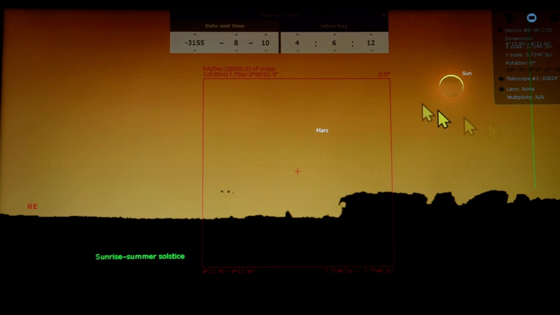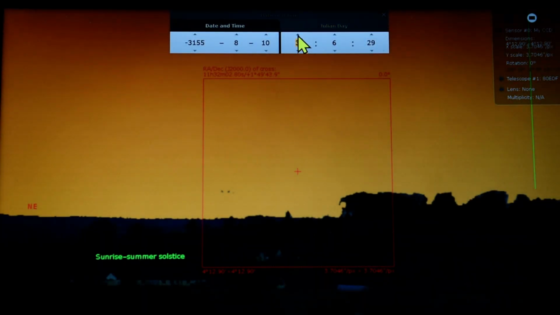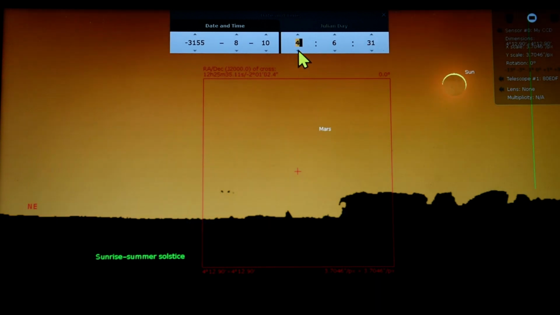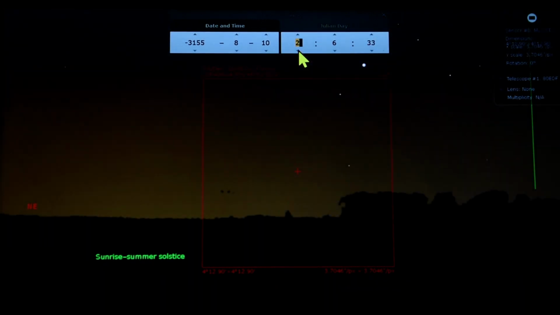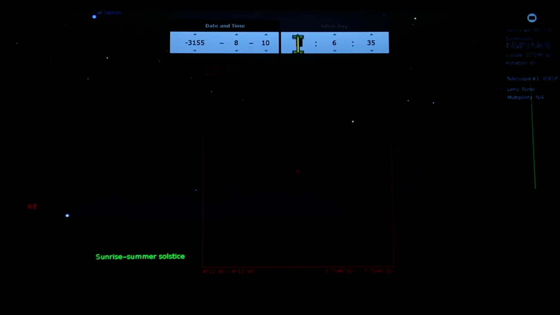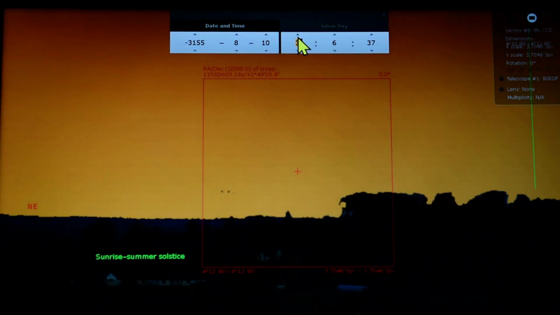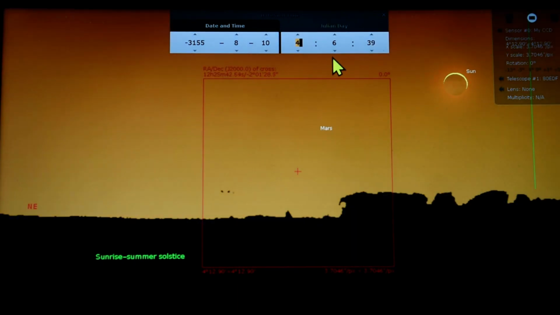We clearly see sunrise, summer solstice right around here, a bit north of northeast. So somewhere around here is where the summer solstice sunrise is. Whoops, what happened? Sorry about that. Let's come back a little bit more slowly.